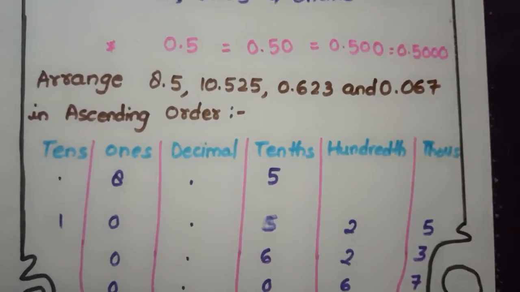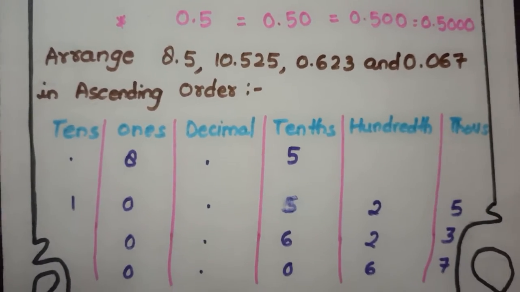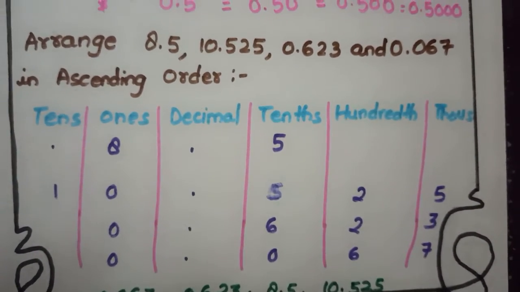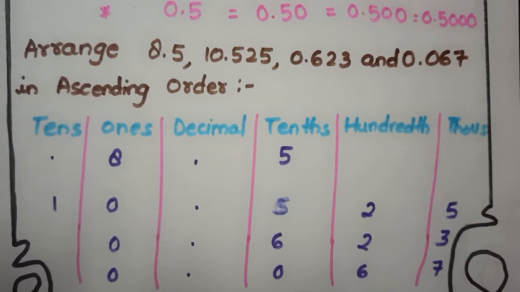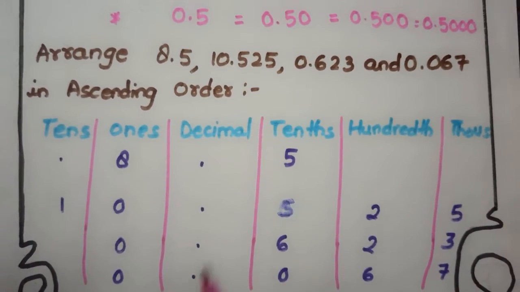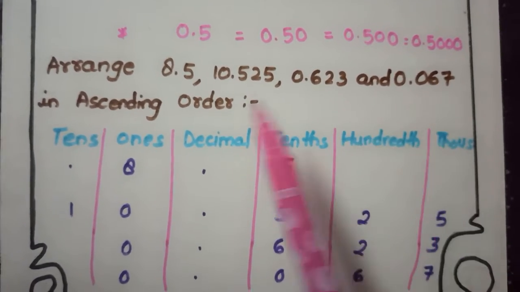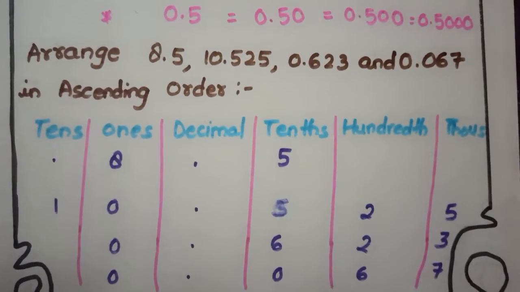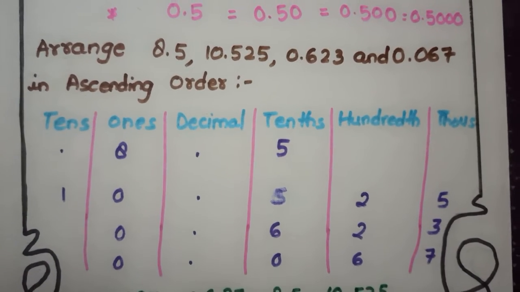Now we have arranged simple numbers or normal numbers in ascending order. But now we need to learn to arrange decimal numbers in ascending order. So let me explain how to do it easily.